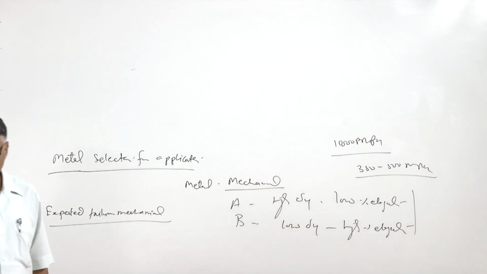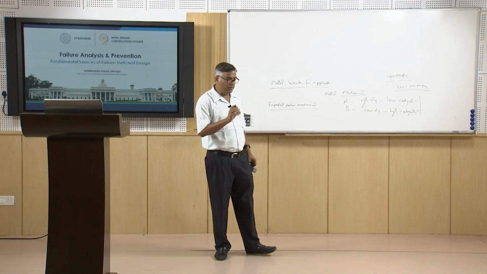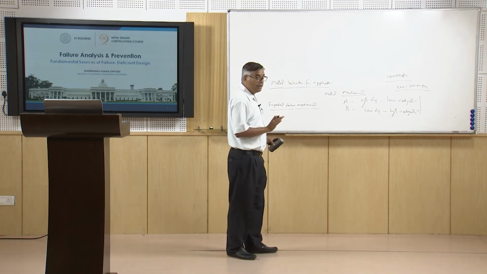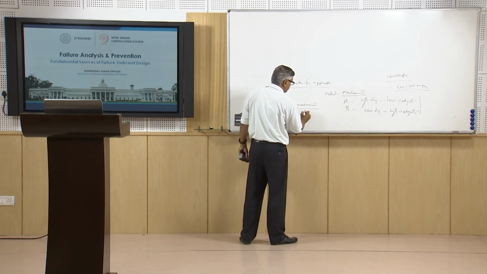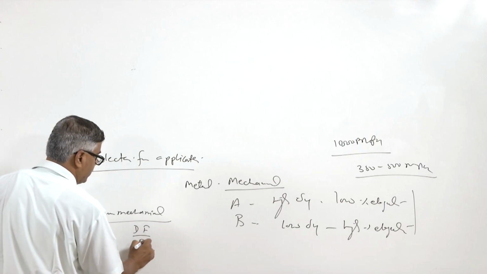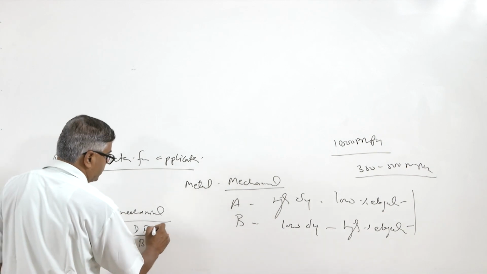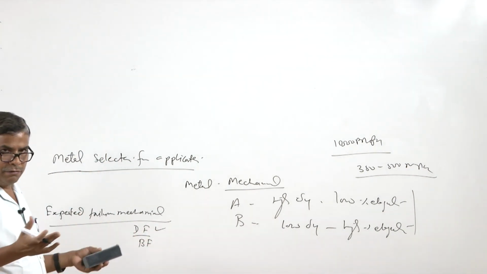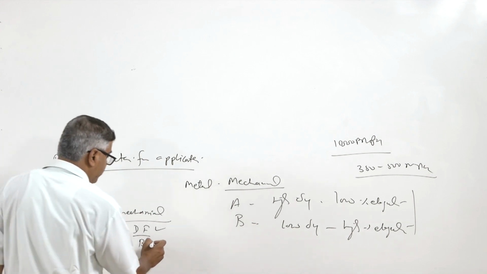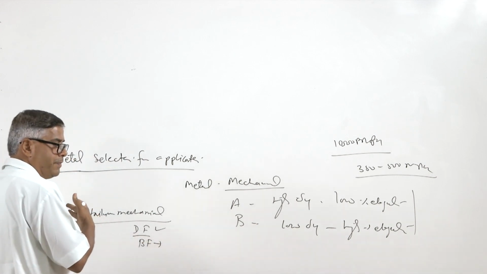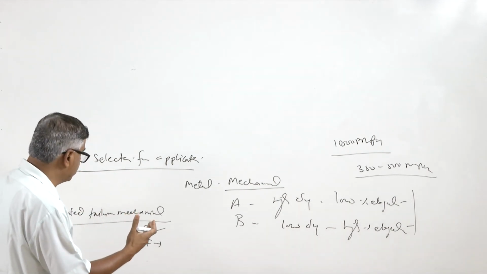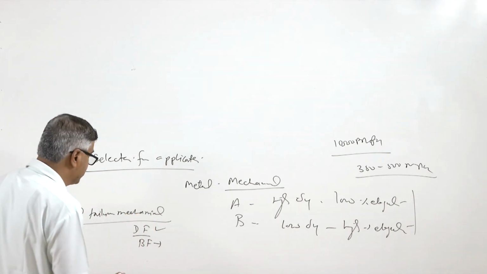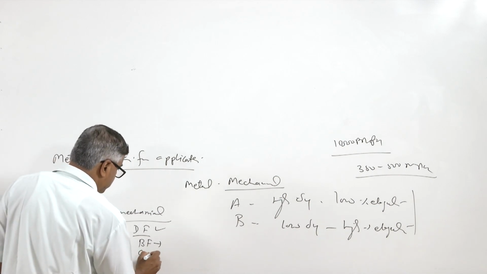So, during the application, according to the service conditions, we need to estimate, predict, and identify in which way the component can fail. The failure of a component can occur due to ductile fracture, where a lot of elongation and deformation will be taking place, or brittle fracture, where without any change in cross section or in the size and shape of the component, the fracture will certainly take place, or the component may be subjected to high temperature.